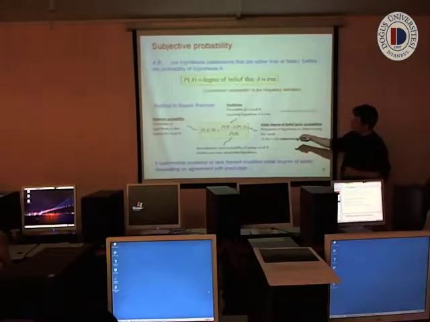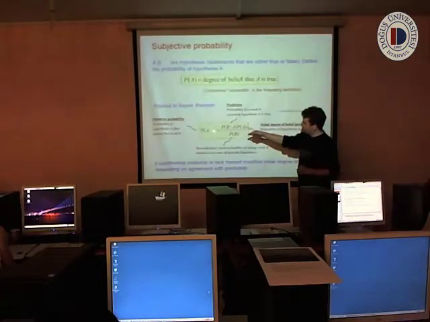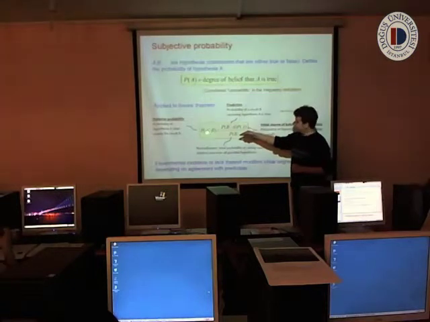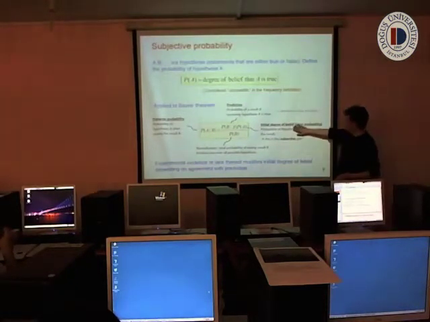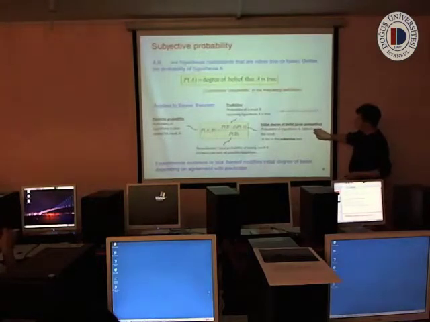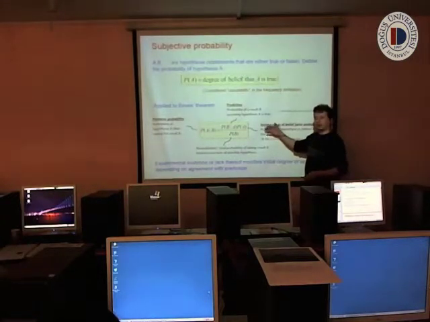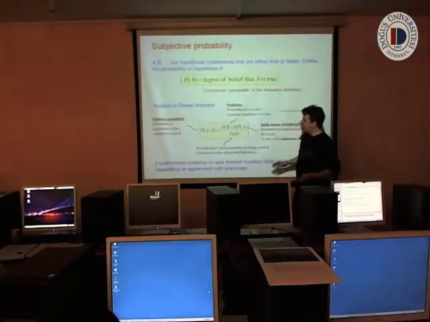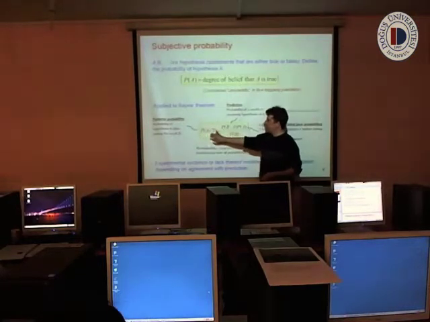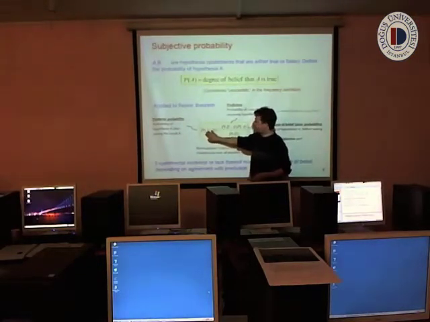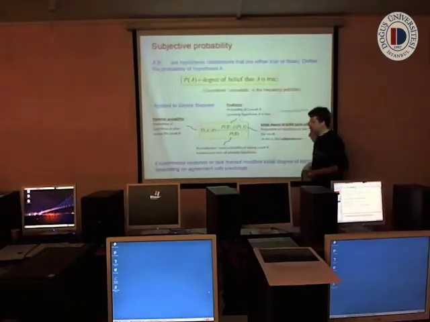Bayes' theorem now tells you, if we observe a certain result, how likely it is that this underlying assumption is true. This is called the prior probability. This is the degree of belief that this is true, and this is after the measurement, the degree of belief that this is still true.